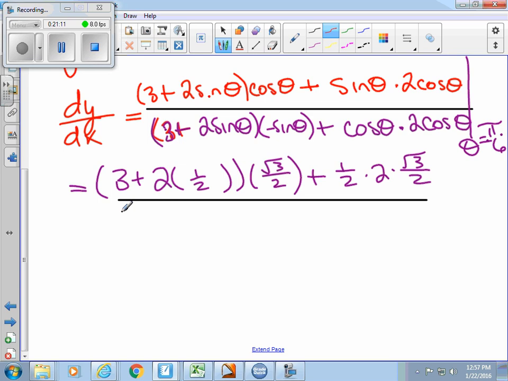Okay, the bottom, I switched colors on you, sorry. Cosine of theta was radical 3 over 2, is that right?